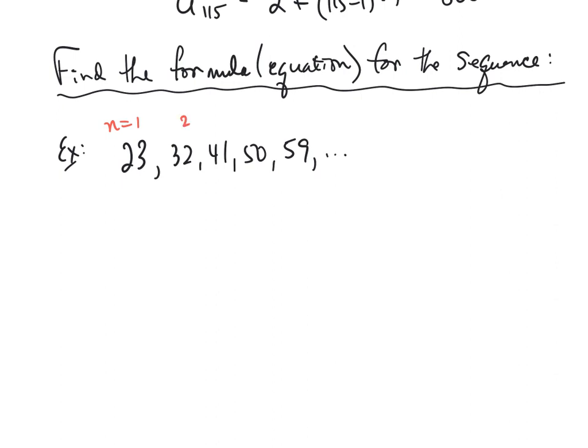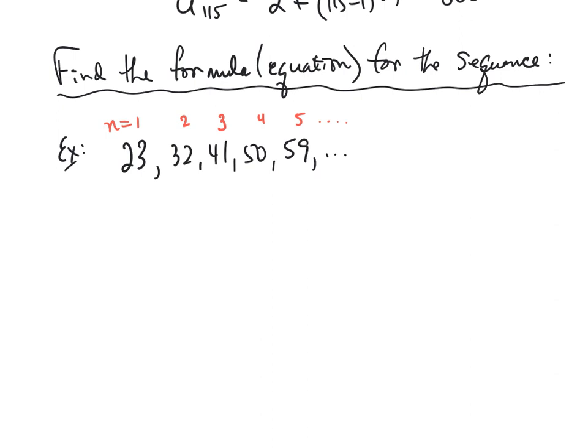Replace n with 2, I get out 32. Replace n with 3, get out 41, and so on. Can we actually come up with the formula, the equation that does that for us? Again, back in section 1, very difficult, or at least not obvious all the time, but here much, much easier.